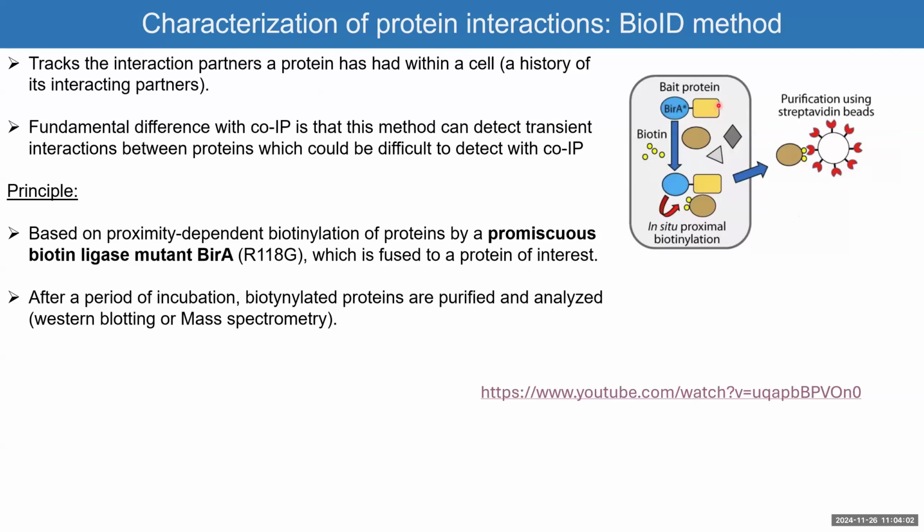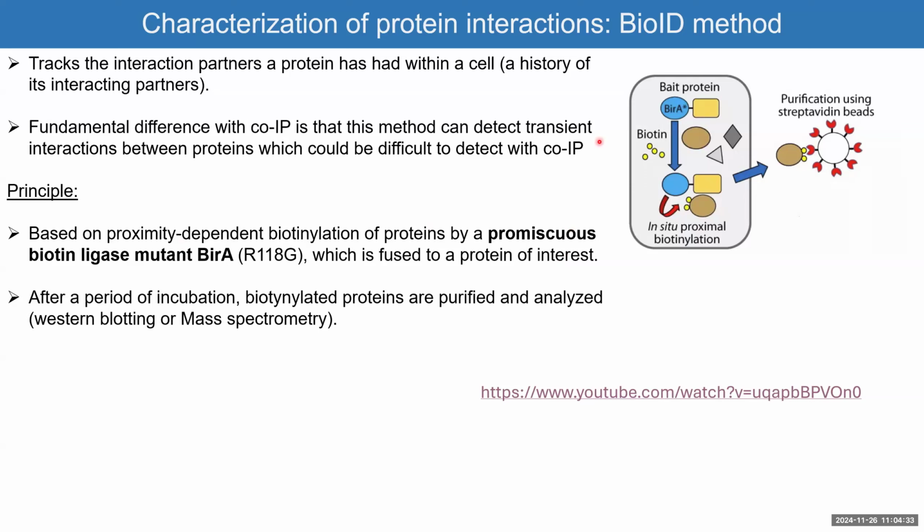If we don't know which binding partner this protein has, then we can make a fusion protein with this one. It's called promiscuous biotin ligase mutant BirA. What this enzyme does is it adds biotin to proteins. So how can I use that advantage of adding biotin to another protein?